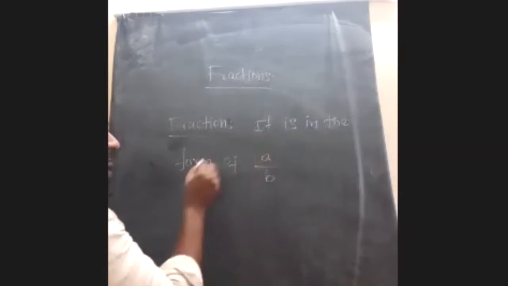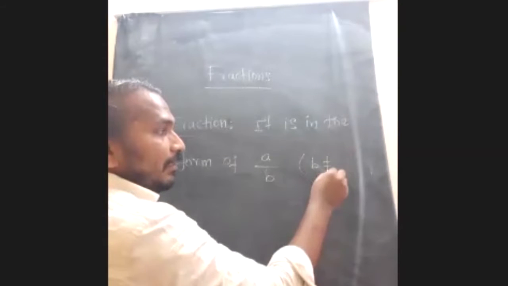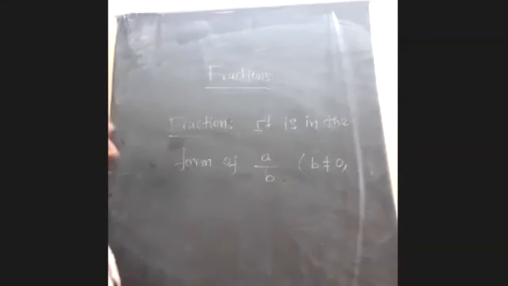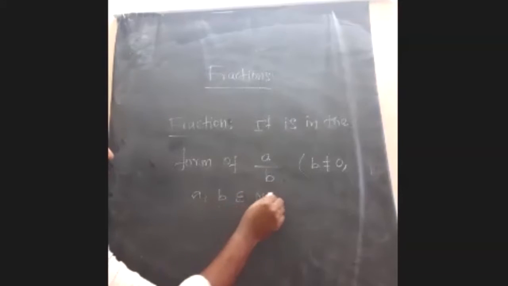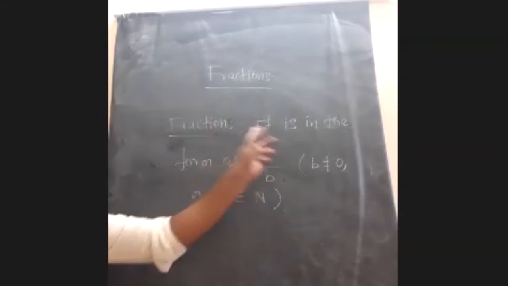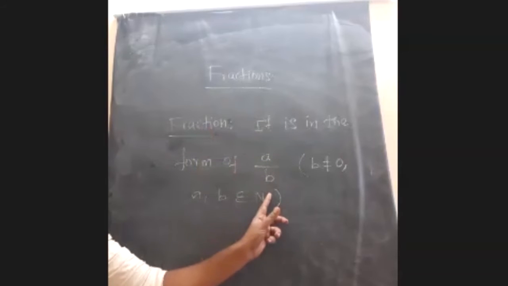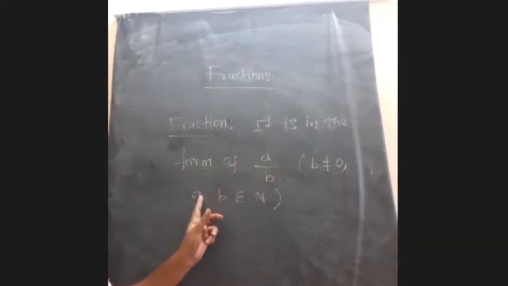So it is in the form of a by b, and your b is not equal to 0, and a, b belong to natural numbers. Okay, so it is in the form of a by b, and b is not equal to 0, and a, b belong to natural numbers.